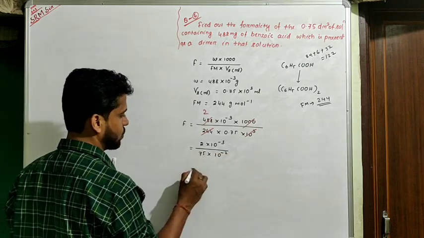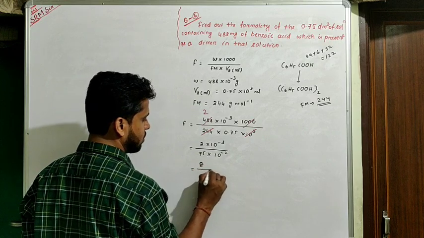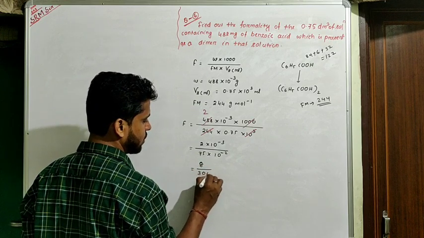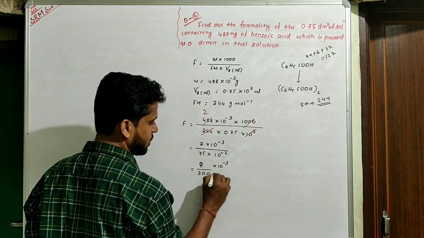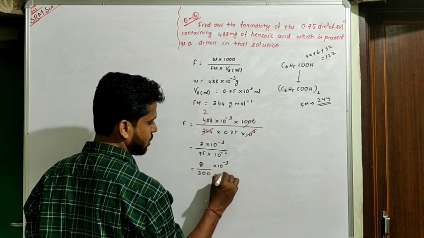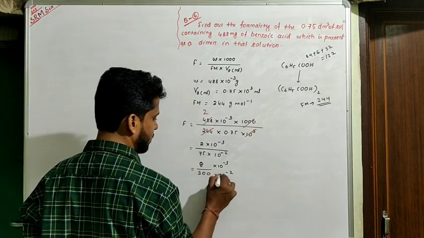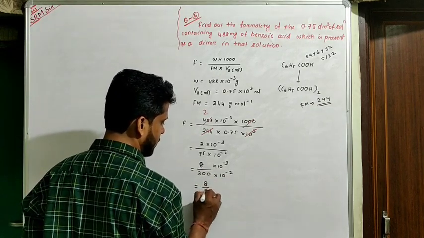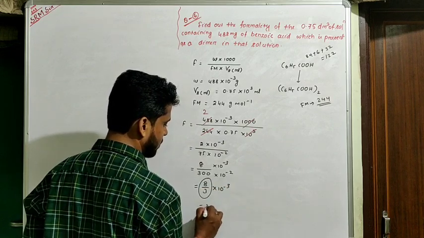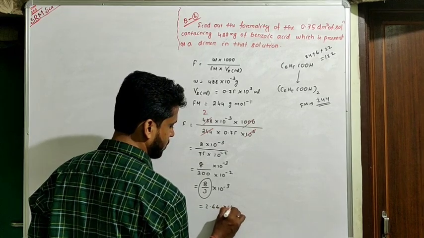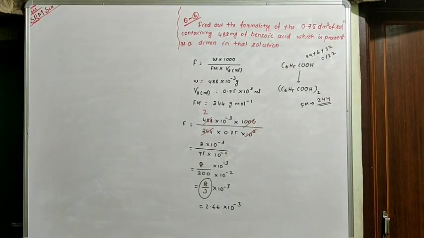Alright, so this is 8 by 300 into 10 to the power minus 3 into 10 to the power minus 2. So again it is 8 by 3 into 10 to the power minus 3.